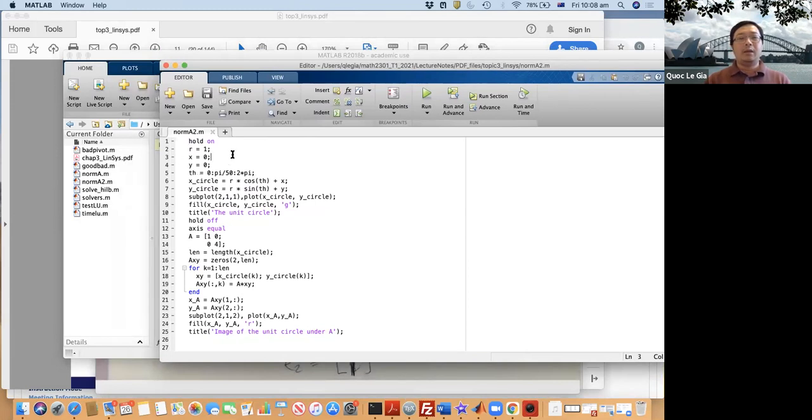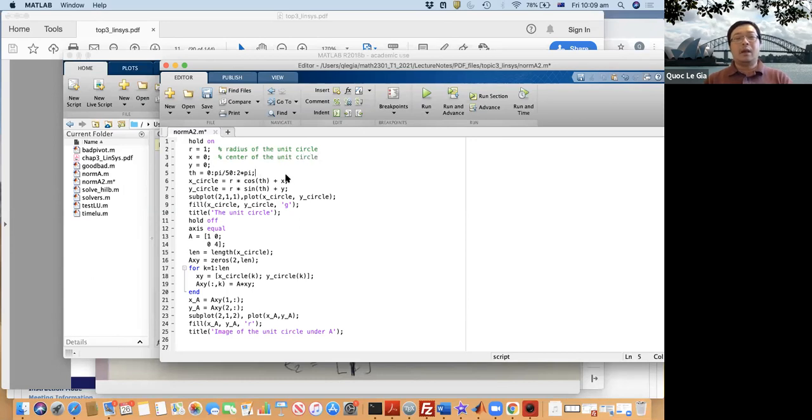This one is the radius of the unit circle, right? And this one is the center of the unit circle, okay?